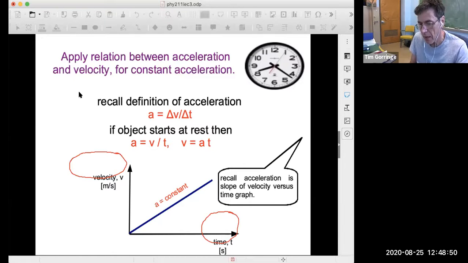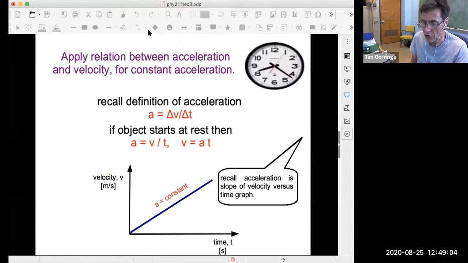The first step is to see the consequences for velocity of a constant acceleration. And then the second step will be to see the consequences for distance traveled, displacement, due to constant acceleration. So here we're going to just look at the consequences for velocity.